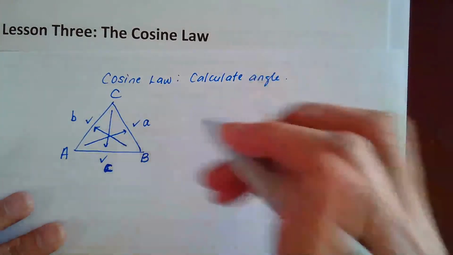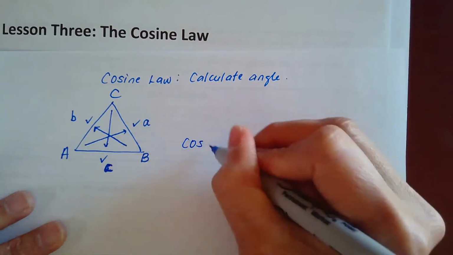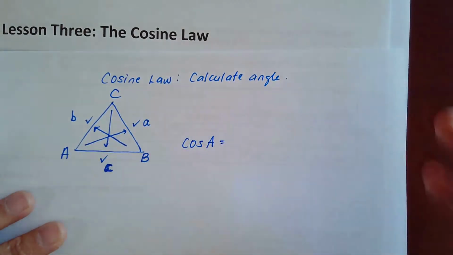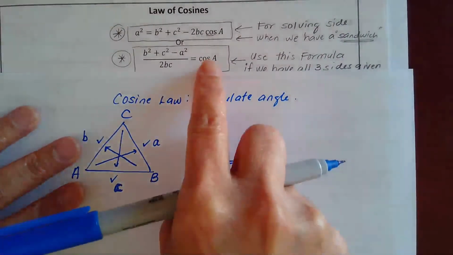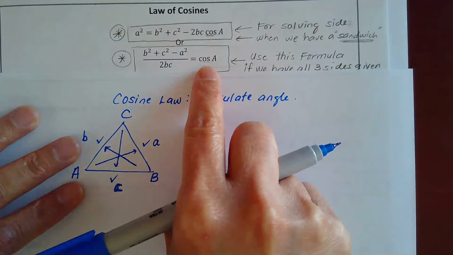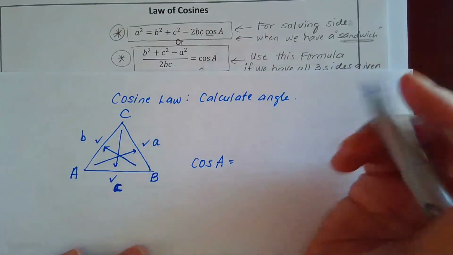So this is the formula. Cosine of angle A equals b squared plus c squared minus a squared, divided by 2 times b times c. Like I said, I just prefer that the cosine is on the left side of the equation.